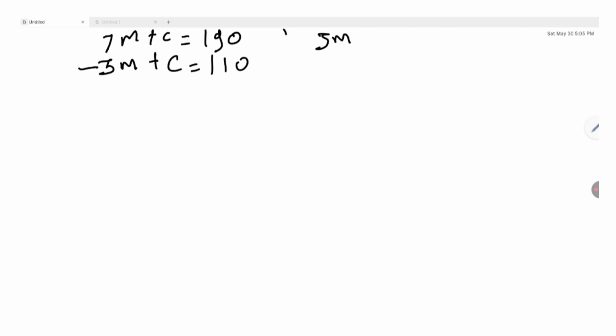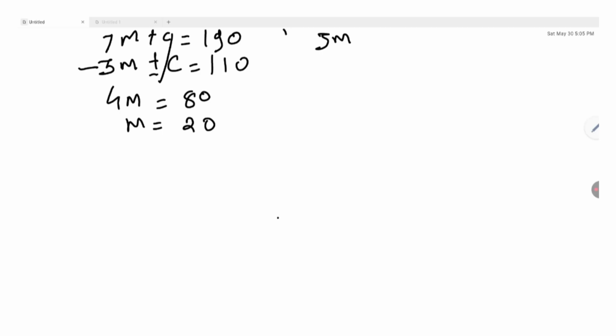Now let's subtract this from that. 7m minus 3m is equal to 4m. The c will get cancelled out. 190 minus 110 gives 80, so 4m equals 80, and m is equal to 20. 80 divided by 4 is 20.